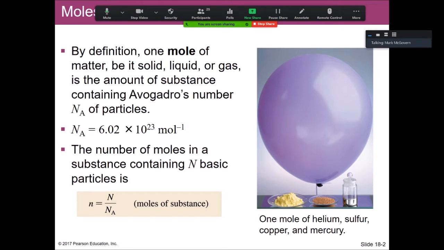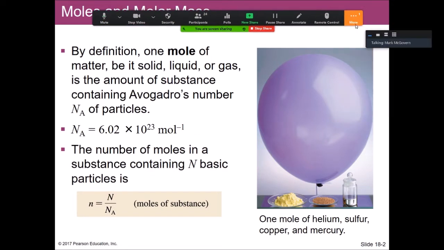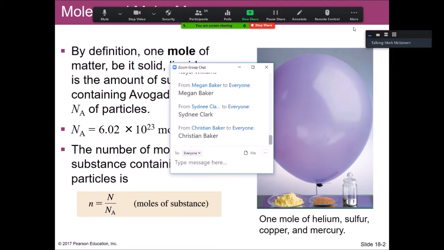So the definition of the mole is Avogadro's number. So it's 6.02 times 10 to the 23rd something. I mean, I could have a mole of pencils, right? I got one pencil here. But if somehow I had 6.02 times 10 to the 23rd pencils, well, I would have a mole of pencils, which would be pretty gnarly, actually.